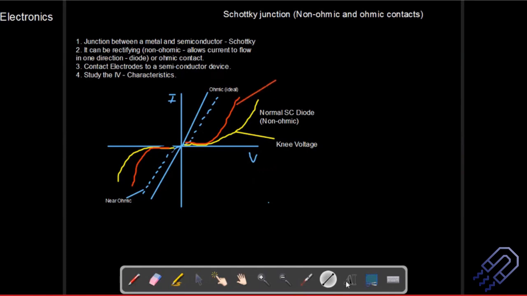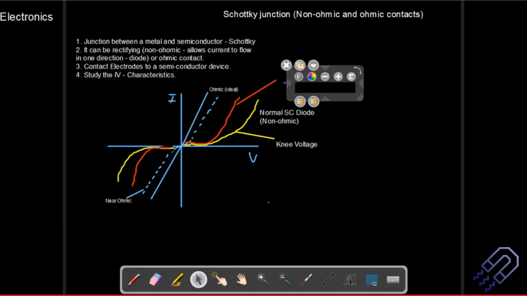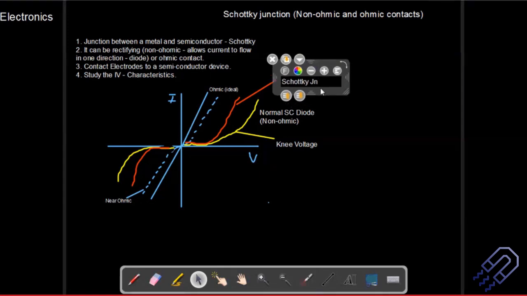If you have a Schottky junction, it will do something like this. The graph will look something like this.